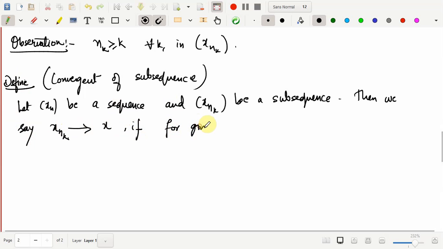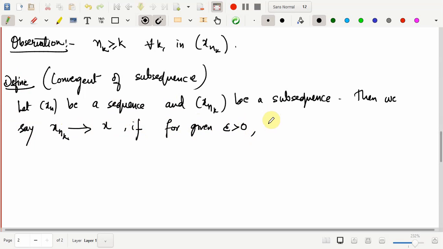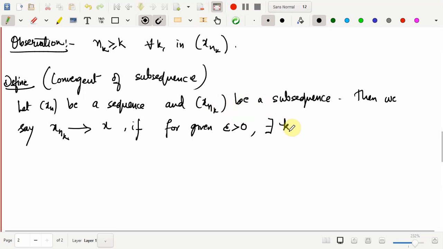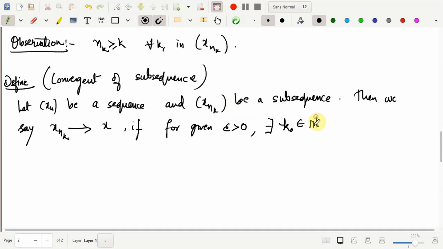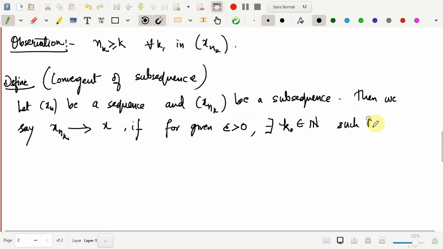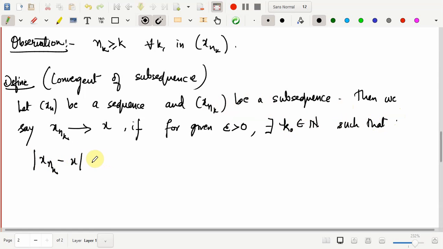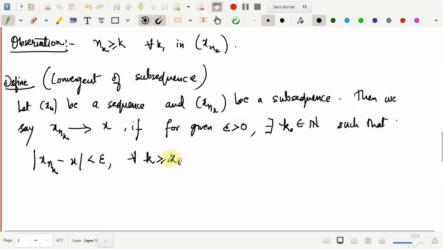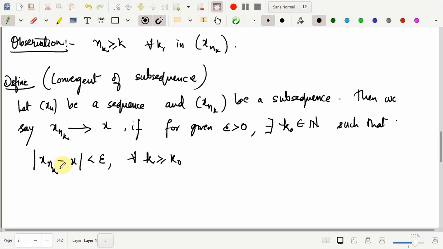There exists, now k is varying, so instead of n I'll use the notation k, a natural number, say k naught, such that the modulus of x_{n_k} minus x is less than epsilon for all k greater than or equal to k naught. So definitely, if this k varies, after a certain time the suffix of x, here in x_{n_k}, also varies.